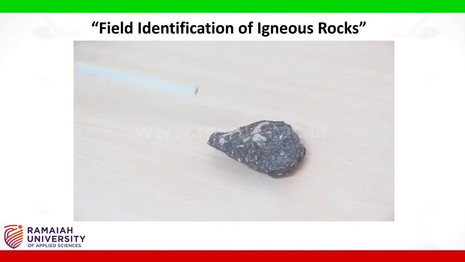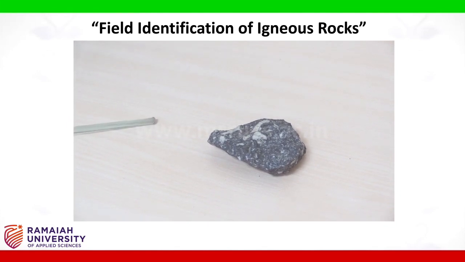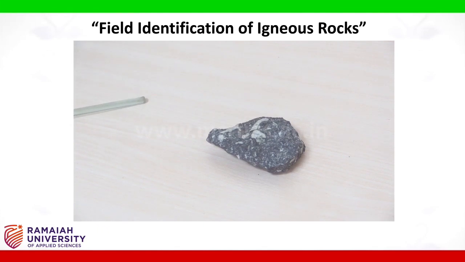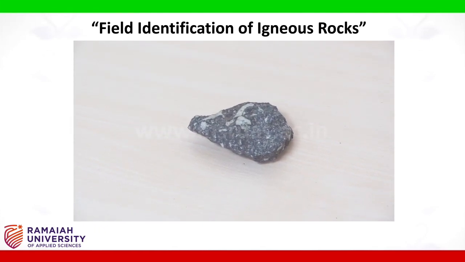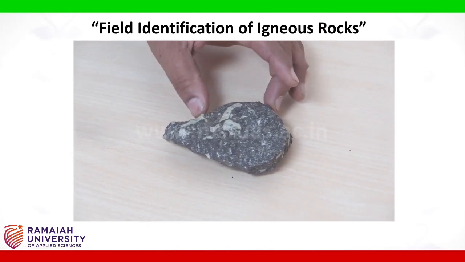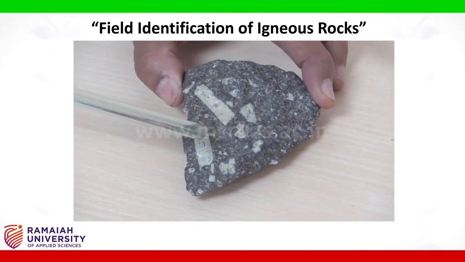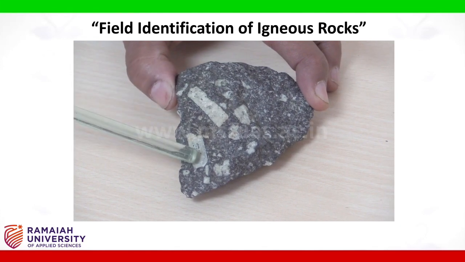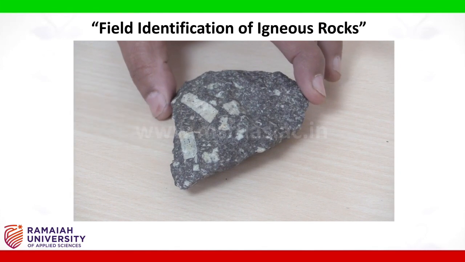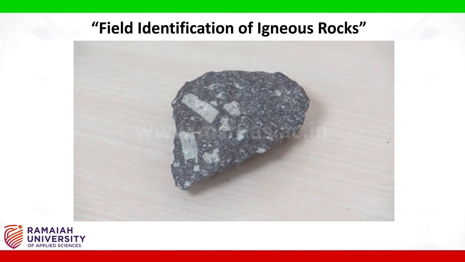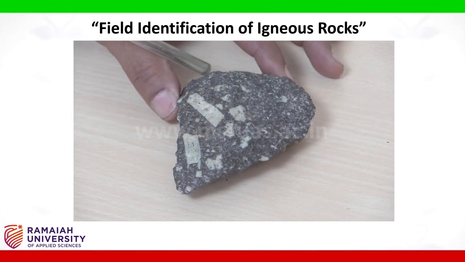In addition to phaneritic and aphanitic igneous rocks, there is yet another category of rocks that display a special texture called the porphyritic texture. It is a texture which consists essentially of very coarse and medium-grained mineral grains set in a fine-grained groundmass.